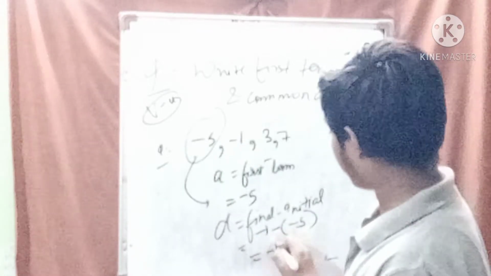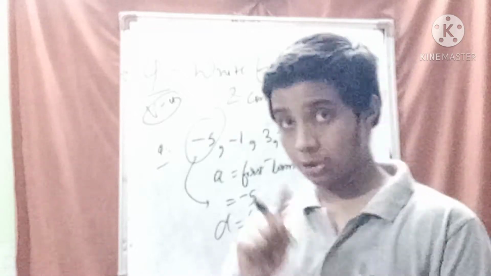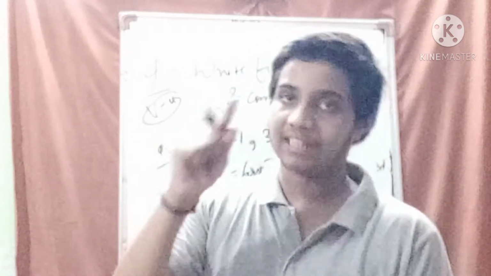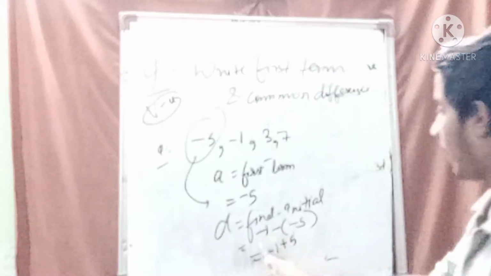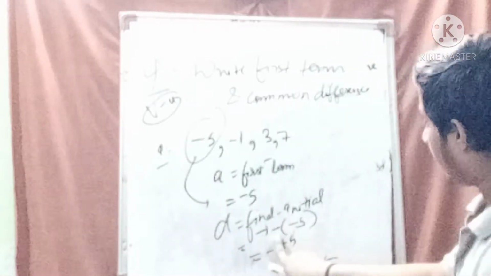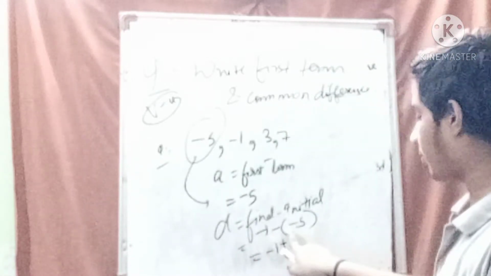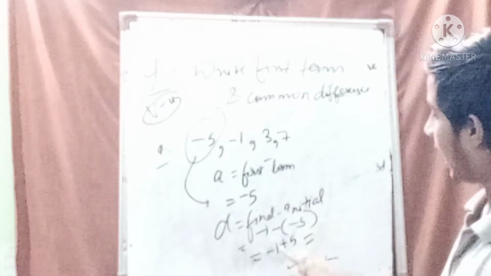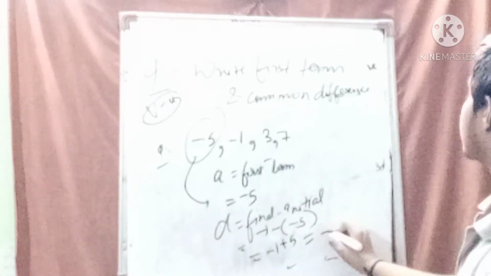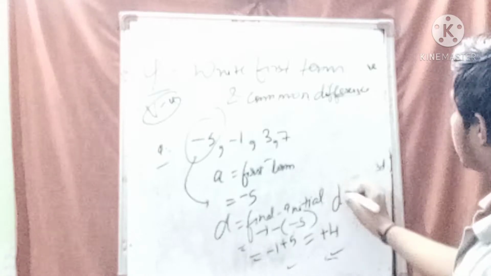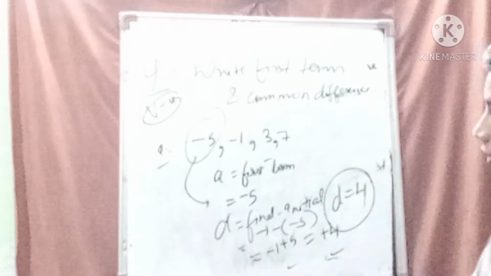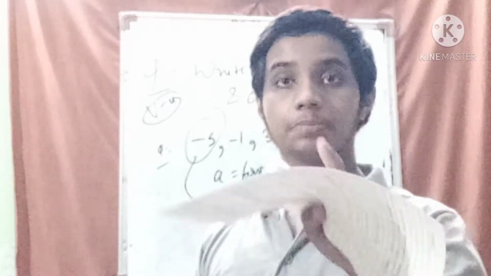Minus 1 plus 5. Minus into minus is plus. So minus 1 plus 5 gives us plus 4. Hence common difference is equal to plus 4. Did you get that? Here common difference is plus 4.